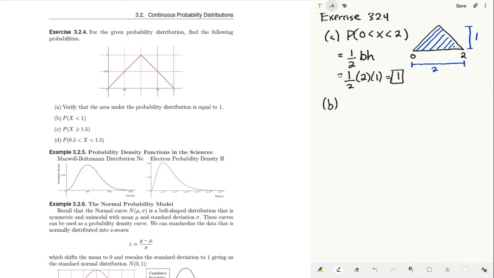So now let's find the probability that x is less than 1. And so the area of this probability corresponds to the area to the left of 1.